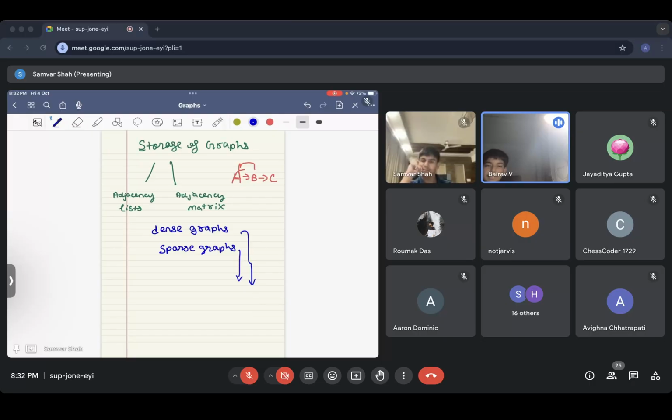So finding the neighbors of something will be very fast compared to an adjacency matrix. But in a dense graph, finding the neighbors in a list will not be that much faster than finding it with the matrix. And finding whether two things are neighbors is much faster.